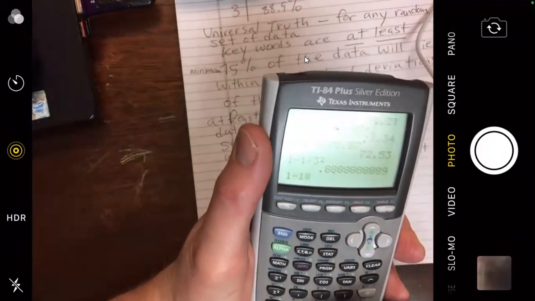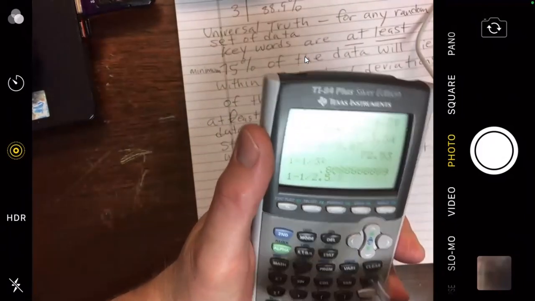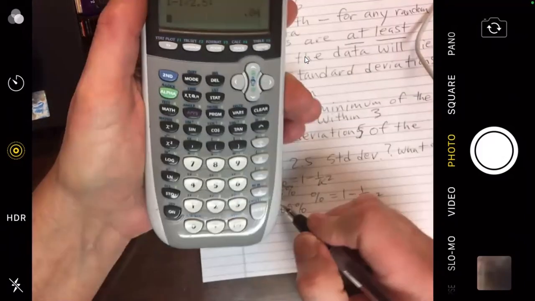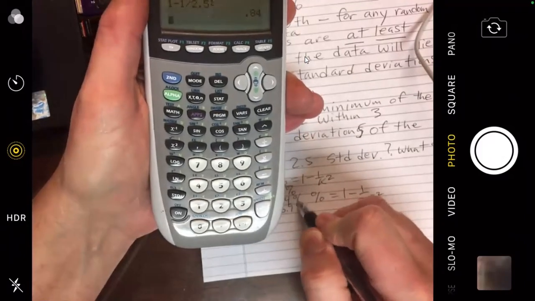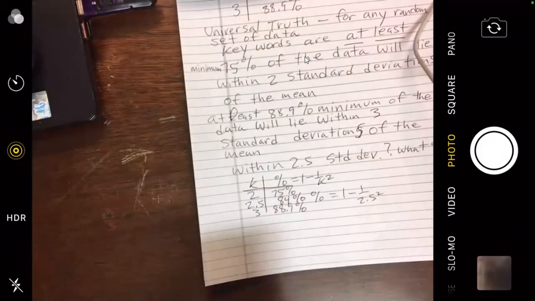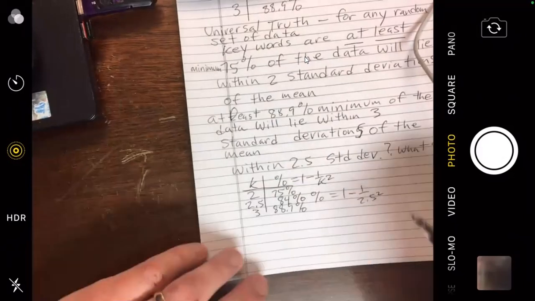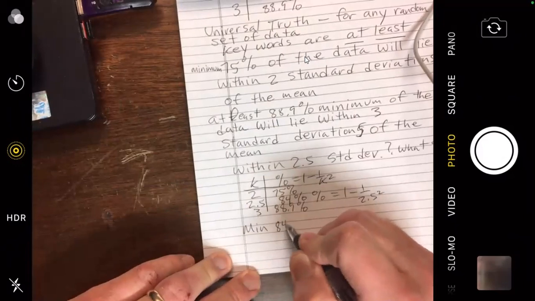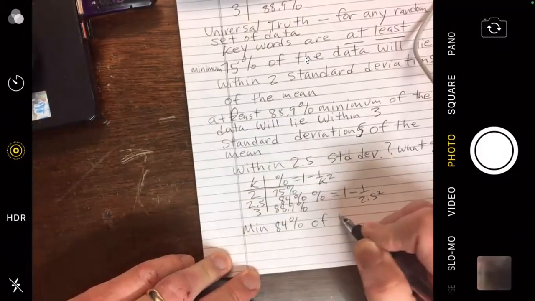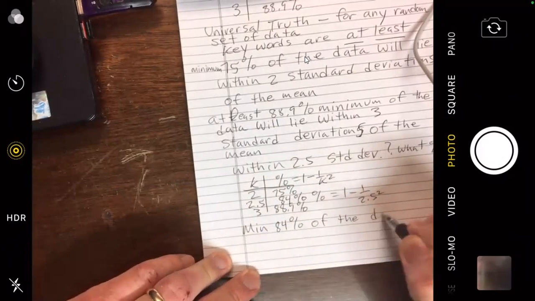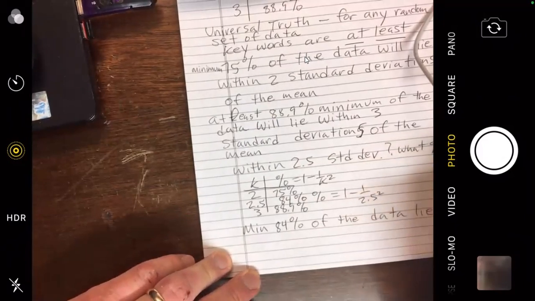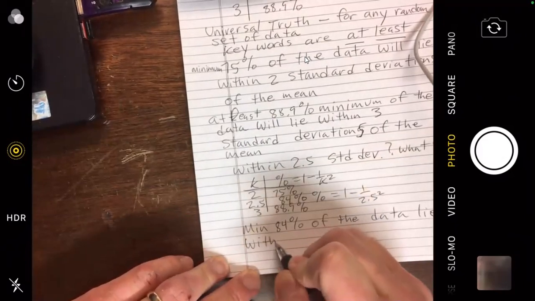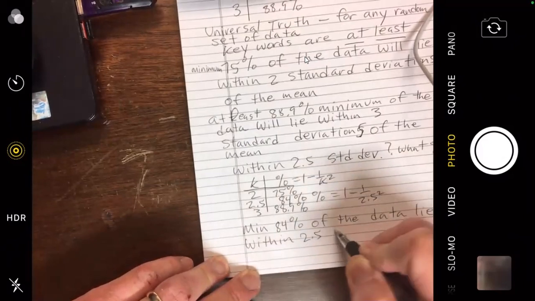One minus 1 divided by 2.5 squared, 84%. You can see it's between 75 and 88.9. That would be minimum 84% of the data lie within 2.5 standard deviations of the mean.